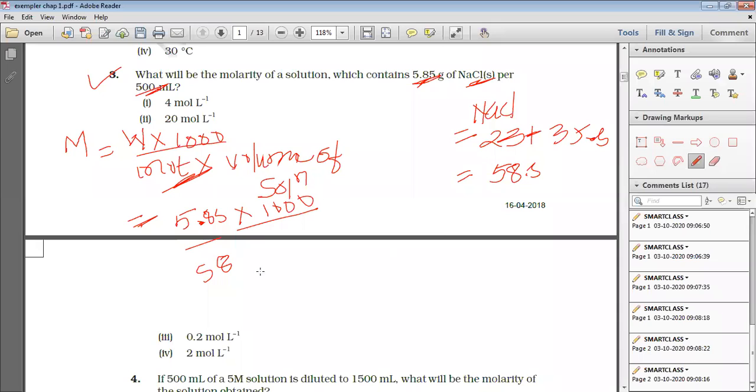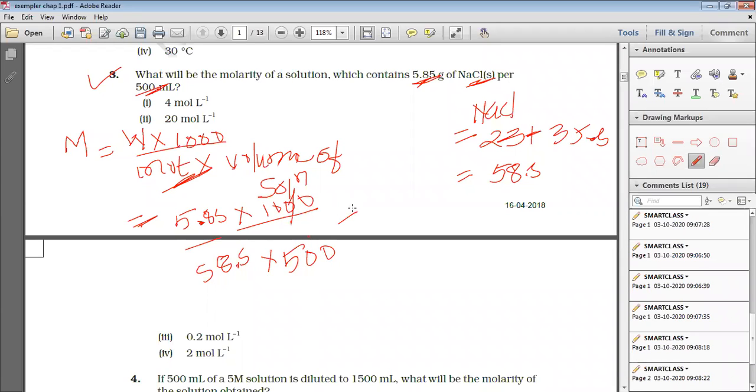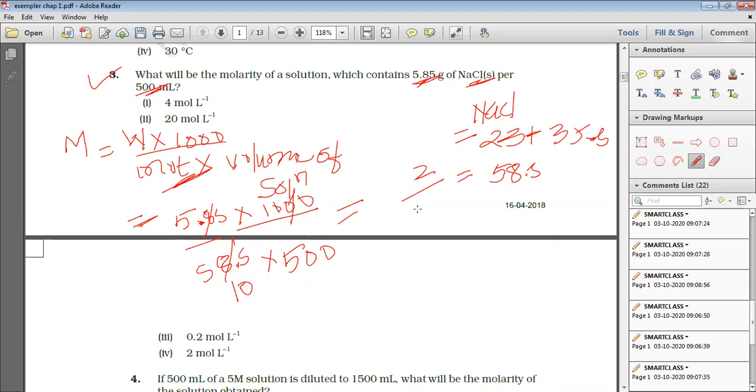Can you tell me now the answer? If you cancel this with this, you get the answer 2. When you cancel with this, you get 10 over here. So it is 2 by 10, that is going to be 0.2. So 0.2 is going to be the right answer for your question.